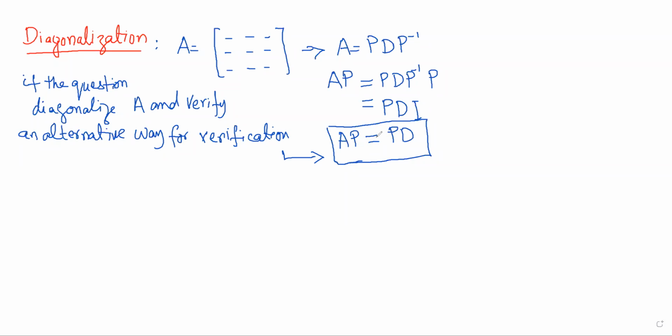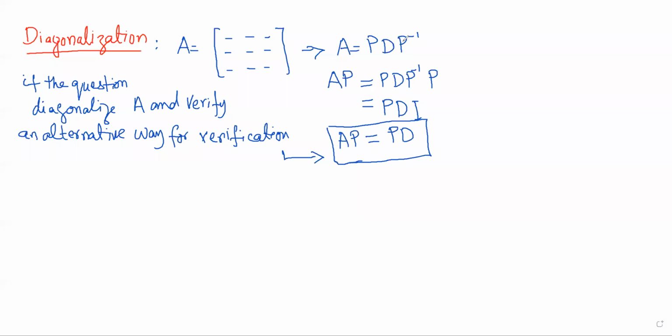What is the difference between this and the previous case? If you diagonalize, normally you will find the diagonal matrix first, and then from the eigenvectors you will find the P matrix. And from P, we will apply the procedure to find the P inverse.